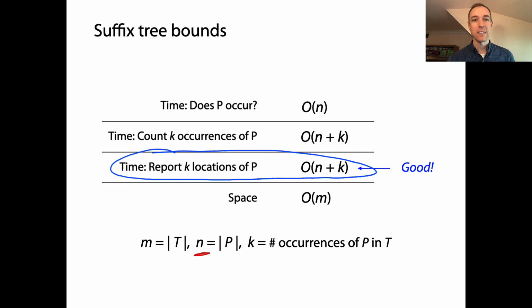M is not in that time requirement for this query of reporting the k occurrences of P within T. That's very notable because the fact that we can solve the exact matching problem, finding all the offsets where a pattern P occurs within T, and we can do it in an amount of time that doesn't even depend on m, the length of the text T, speaks to some of the power of the suffix tree.